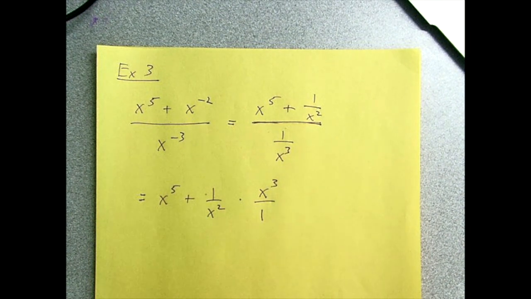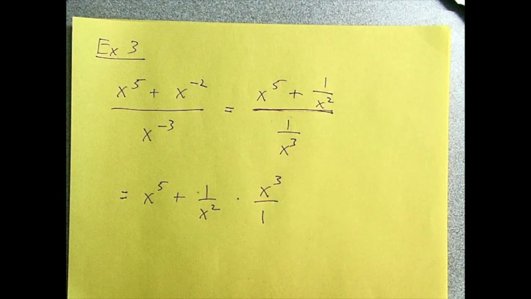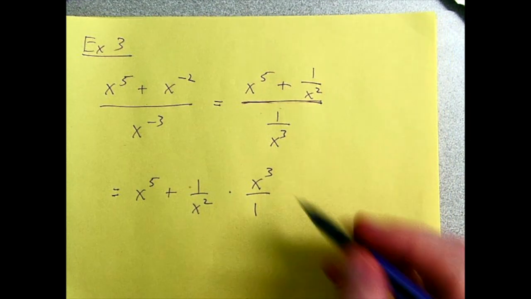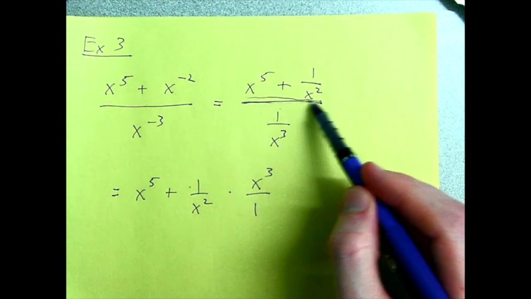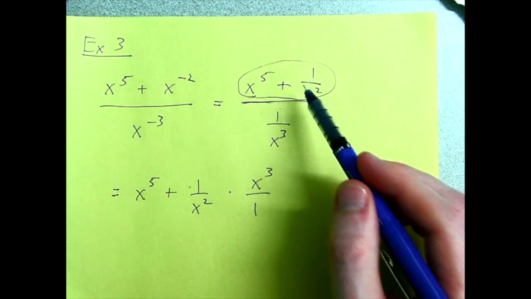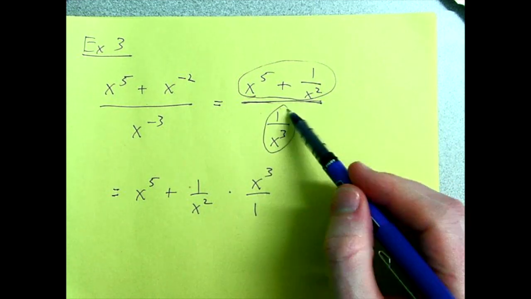Now, as I've written it right now, there's actually a mistake, and the reason I've made this mistake is that it's a really common student mistake. The problem is that this entire numerator was supposed to get multiplied by the reciprocal of this fraction.